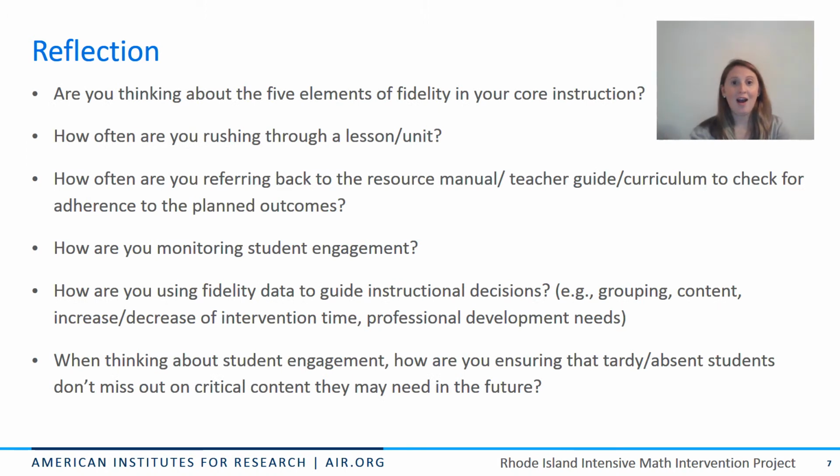Now, on your own, with a small group, with your grade level, with your content teachers, reflect about each of these components and how you incorporate them into your planning and formative assessment. From here, you want to think about how this can be brought to your grade level meetings and shared. How can we work together as grades and teams to improve fidelity of core instruction?